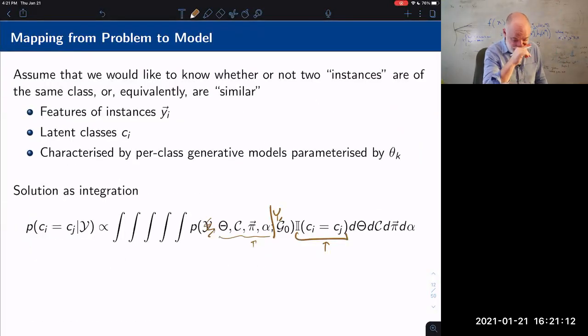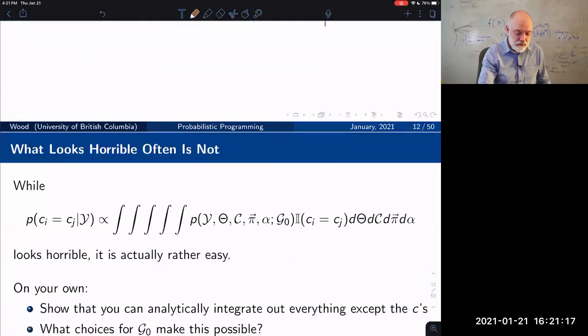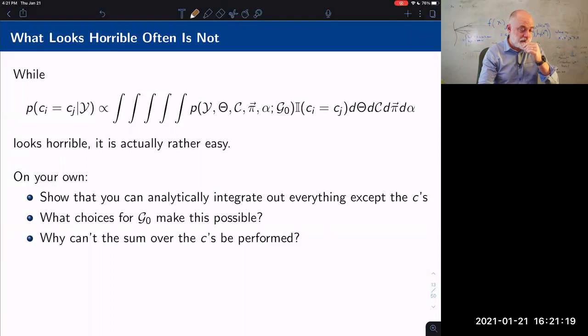So in this particular case, even though this integration looks really, really nasty, it's actually relatively easy if you know the tricks, if you make the correct choices for priors and you know the tricks from what we just did with the Dirichlet and discrete distribution, because the multivariate normal is conjugate, and the Dirichlet is conjugate, and the gamma in this particular case works out correctly, such that all of these integrals can be done basically in analytic form, except for summing over the class identities, right?